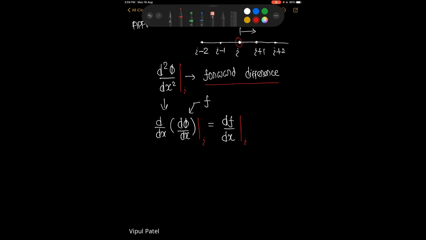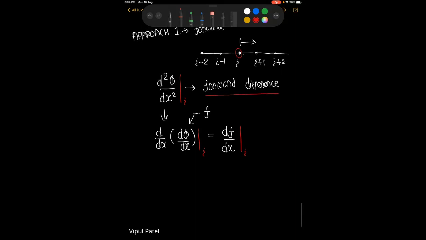So how can I write this df by dx in terms of forward difference approximation? Can you help me? What should I write over here? This is f at I plus 1 minus f at I divided by delta x, correct? This is our forward difference approximation, which we have already derived.